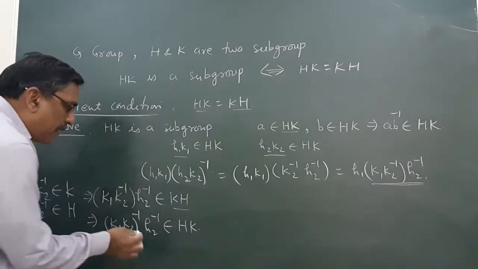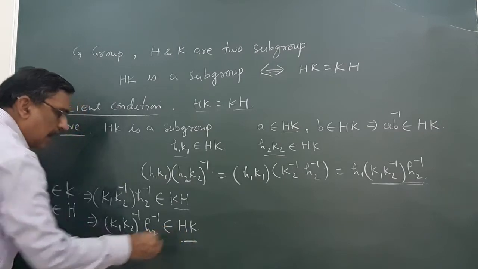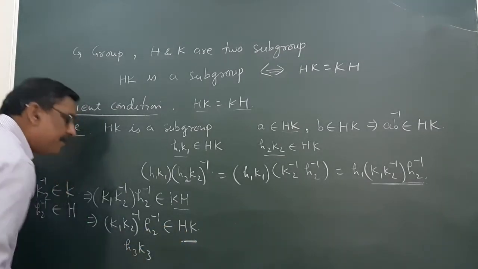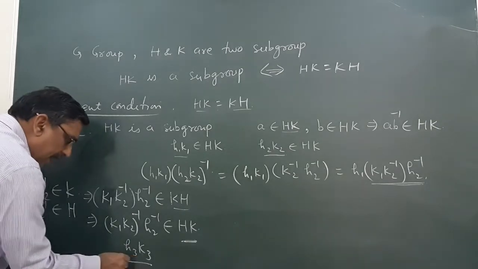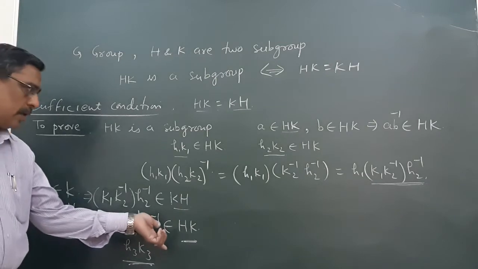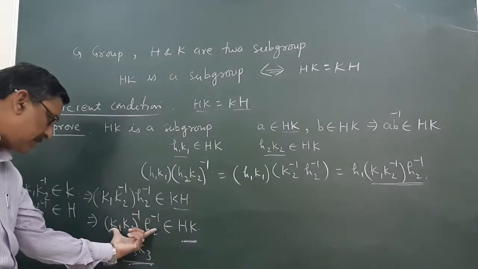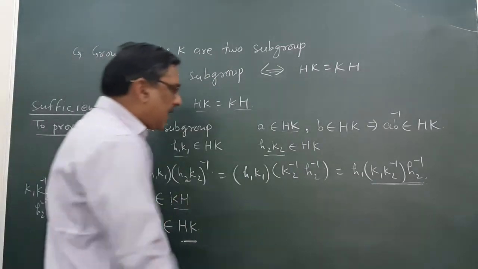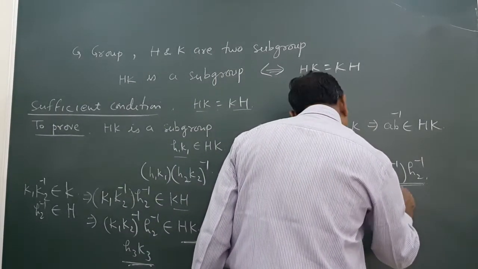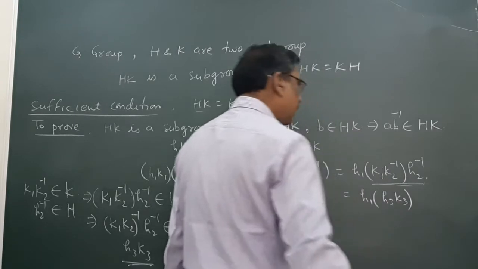But we know the members of HK are like H3 K3. So instead of this, we can write here H1 H3 K3.